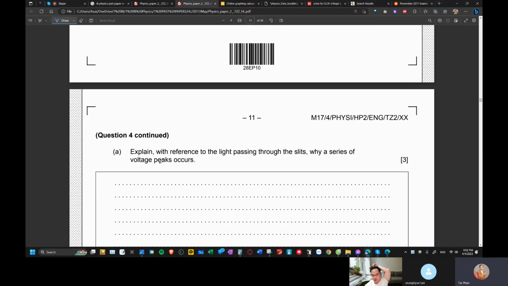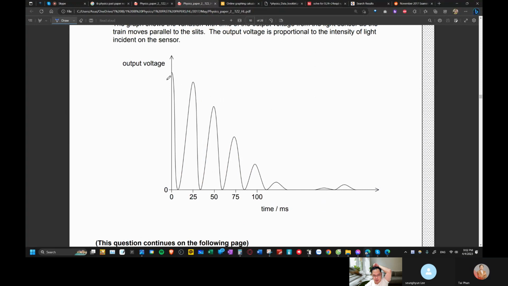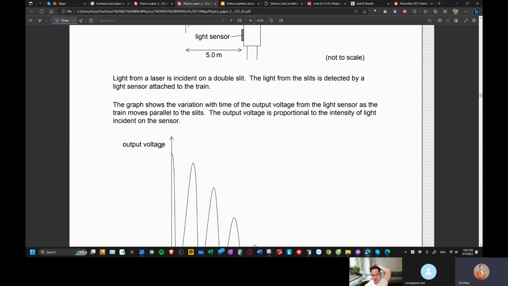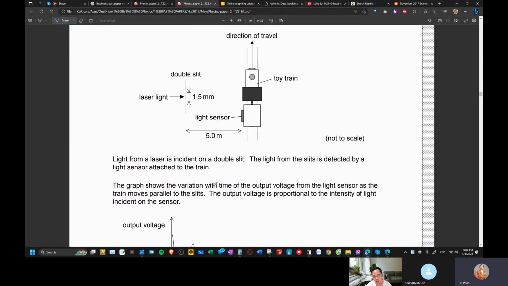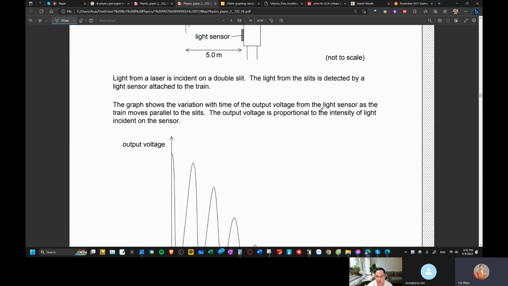Explain with reference to the light passing through the slit why a series of voltage peaks occur. Okay, this is the transfer from the intensity of light reaching the sensor to a voltage, a signal on the monitor of a computer. Transferring from light energy to voltage signal, and this output voltage is proportional, as mentioned in the statement, to the intensity of light.